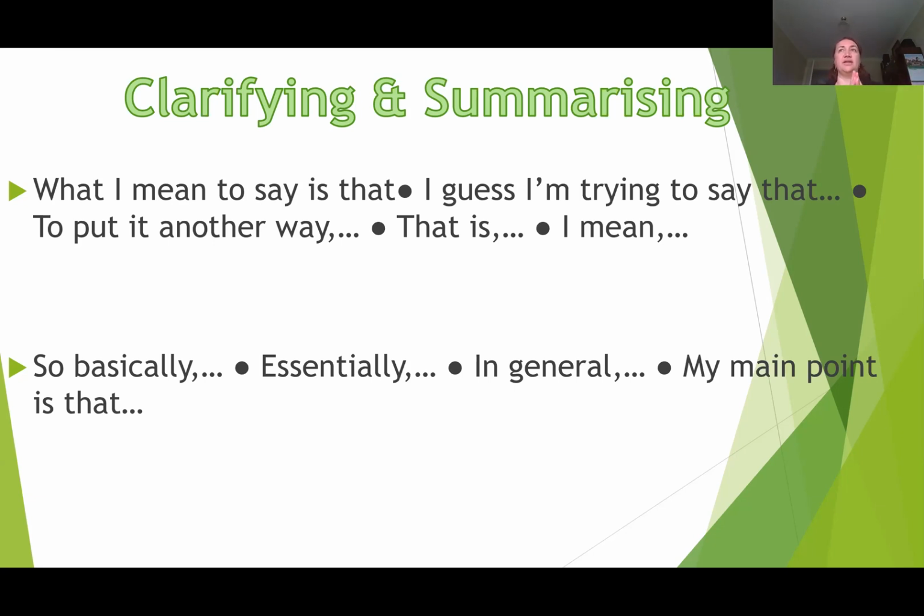When you use these phrases, you cannot repeat what you've just said. You're going to paraphrase it and summarize it in a different way. Also, if you are summarizing, you can use, so basically, essentially, in general, or my main point is that.